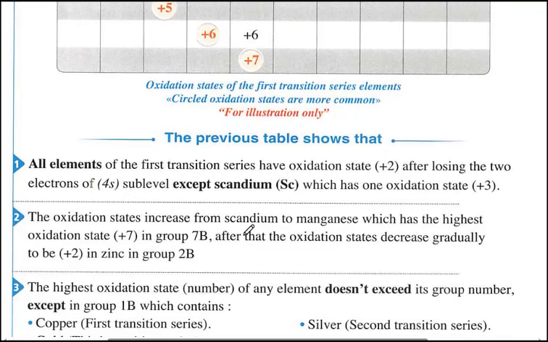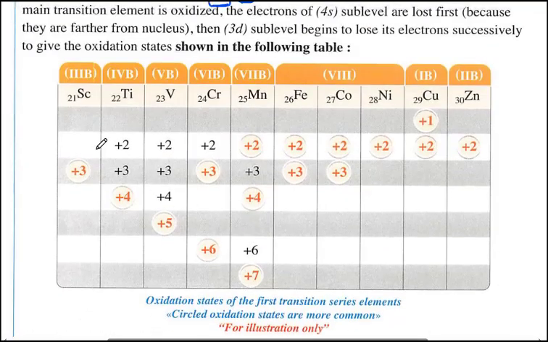So here we have to notice that positive 2 is a common oxidation state for all the elements of the first transition series except for scandium. Okay, oxidation states increase from left to right to manganese, then decrease to zinc, positive 2. The only typical main transition element which has only one oxidation state, positive 3, is scandium.